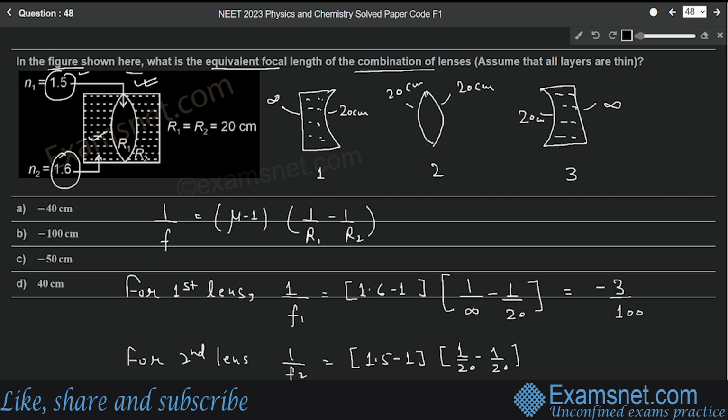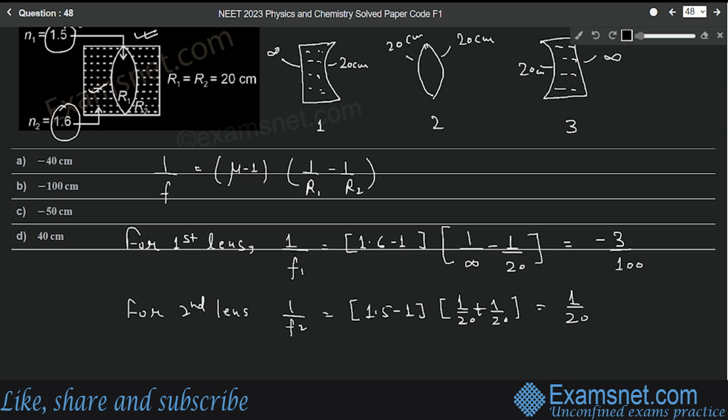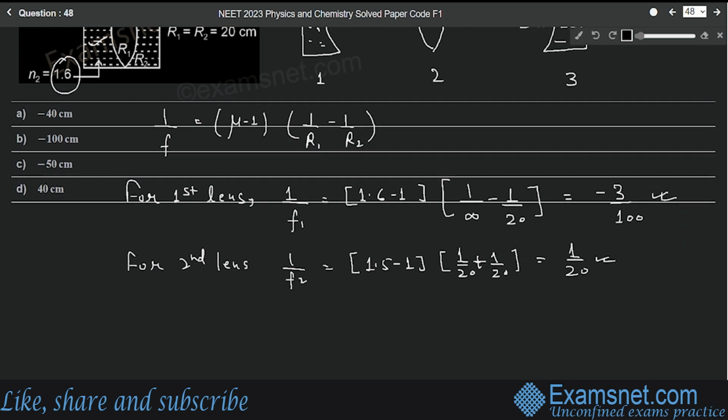But here one radius will have the opposite sign, so it will become 1 by 20 plus 1 by 20. So on solving this we'll get 1 by 20. So 1 by f1 is minus 3 by 100 and 1 by f2 is 1 by 20. Similarly, for the third lens, 1 by f3 will be the same as that of the first one, that is minus 3 by 100.